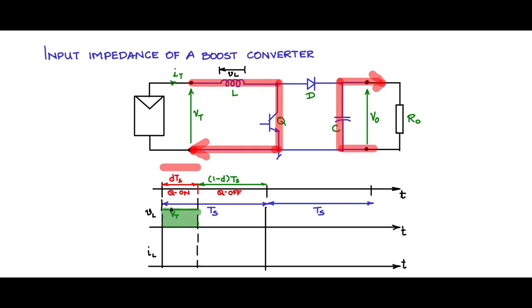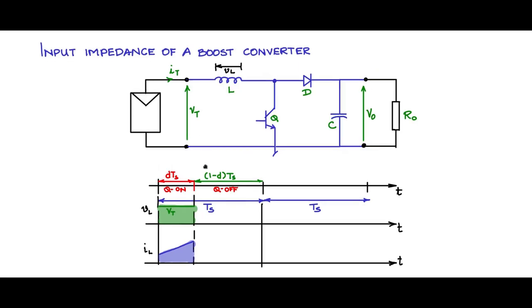Because VT is constant, the current will be linearly going up, because VL is equal to L dIL by dt. IL will integrate, and you will see the current waveform going up like that during that time.